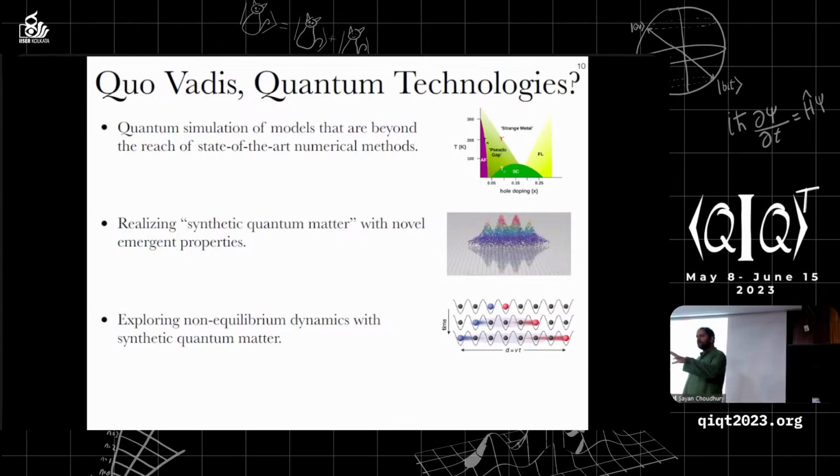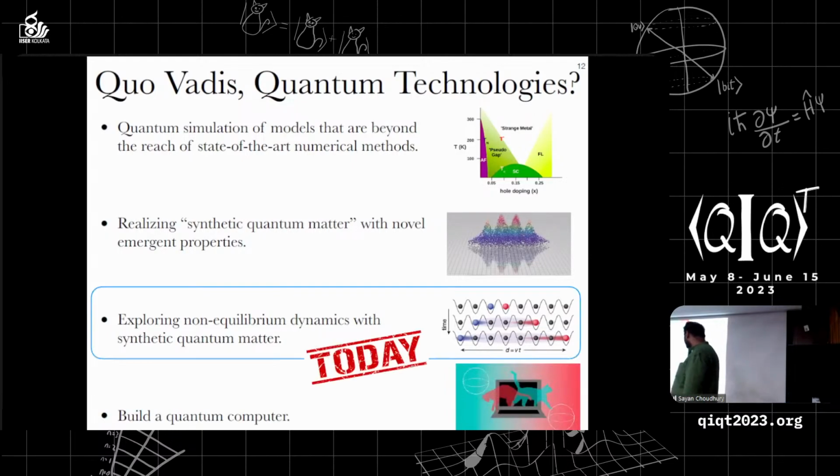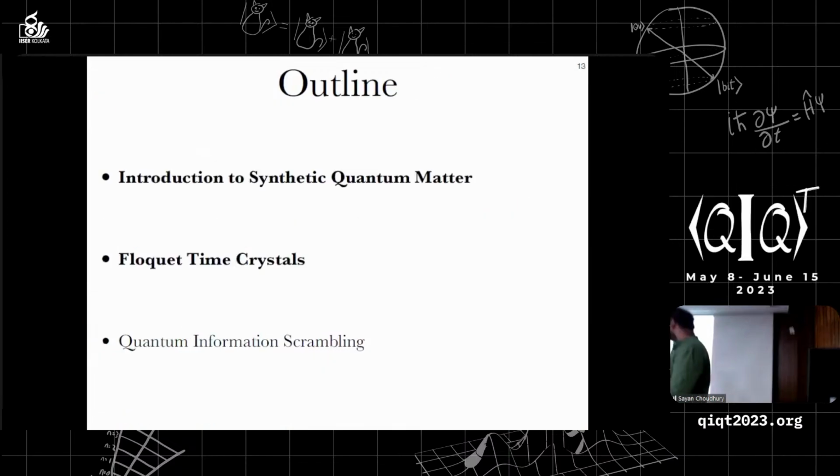You can have control over the model that you create, you can have control over the initial state that can be realized, and then you can explore the dynamics that comes about. And of course, the final goal here is to build a real quantum computer. Today's talk is going to be on this topic of exploring non-equilibrium dynamics. So with this, I'll get on to the first topic, which is that of Floquet time crystals.